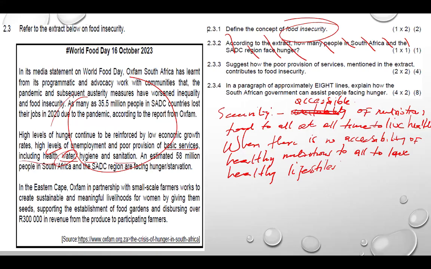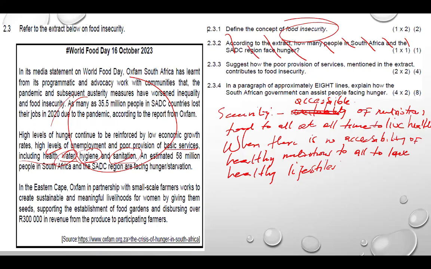Without good health, people will not be able to do their work. In an unhygienic condition, people will be sick and therefore will not be able to produce food for themselves. With poor sanitation also, there's going to be spread of diseases and people will not be able to produce food for themselves. So this one you could get from that.